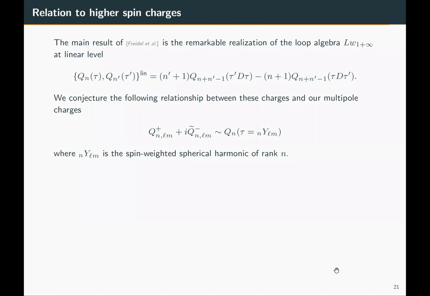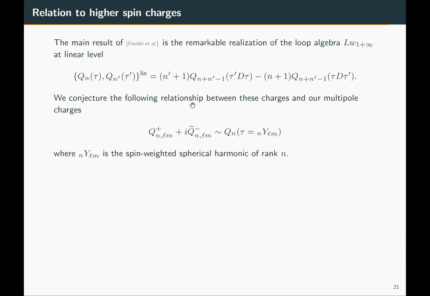Just a brief comment about the relation between these charges and the ones that Laurent introduced in his paper, because maybe it's obvious for him, but it was not so clear to me. Anyway, they showed that the higher spin charges reproduce this W1 plus infinity algebra.